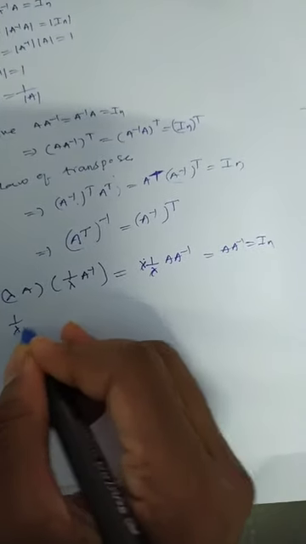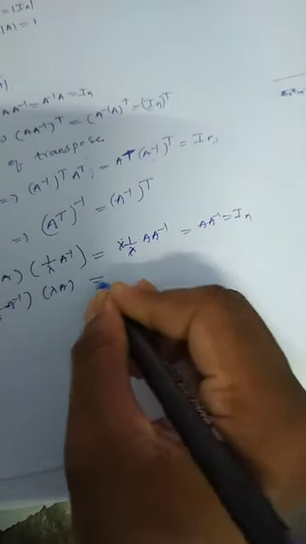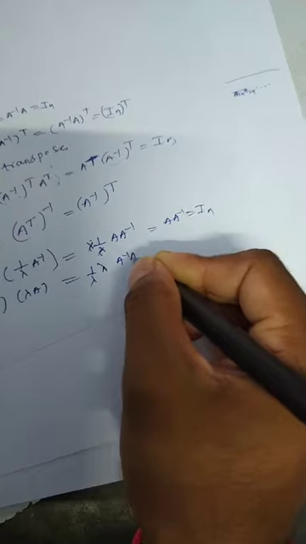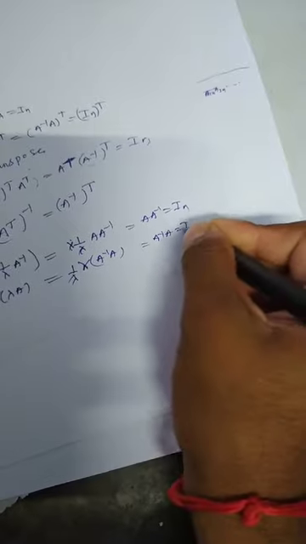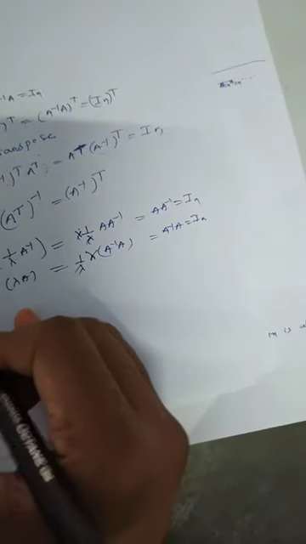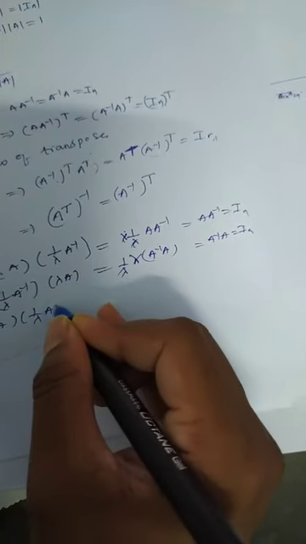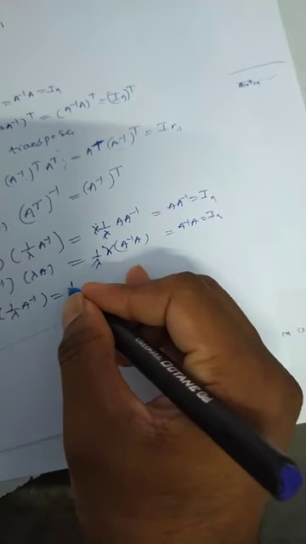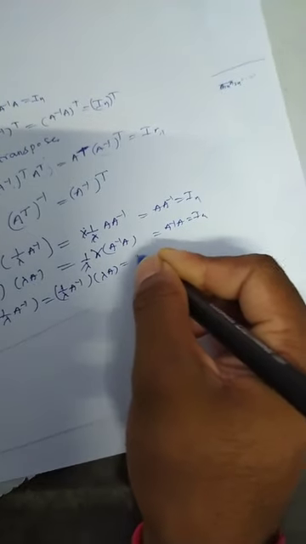Similarly, if I find the product of 1 by lambda into A inverse into lambda into A, again you will get the lambda cancel, you will get A inverse into A, that will be identity matrix IN. Okay, see here, we got lambda A into 1 by lambda A inverse is equal to 1 by lambda into A inverse into lambda into A, we got IN.